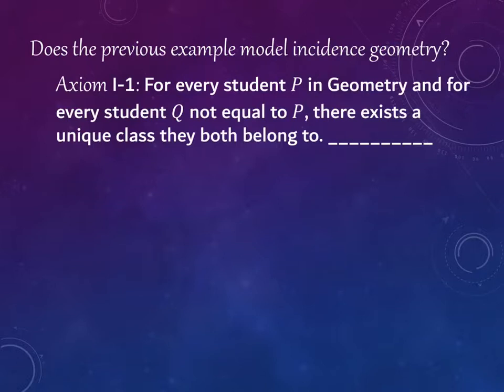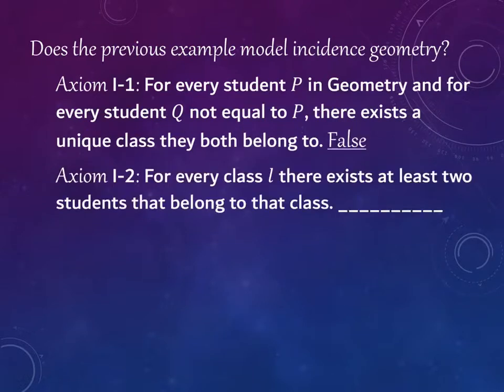No, not unless you all happen to be in the same class, in which case other things are going to fall apart later, but you're not all in the same class. So this axiom, does it hold for that interpretation? No, it's false. That axiom just does not hold.